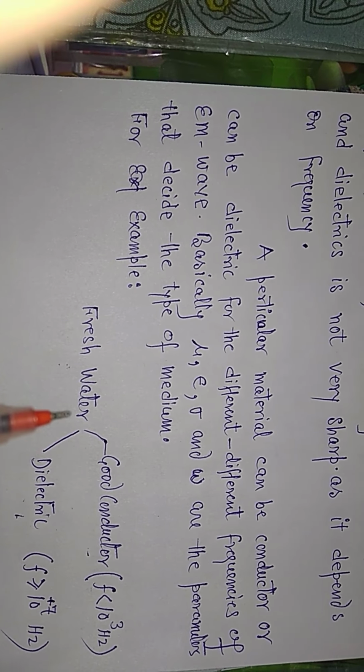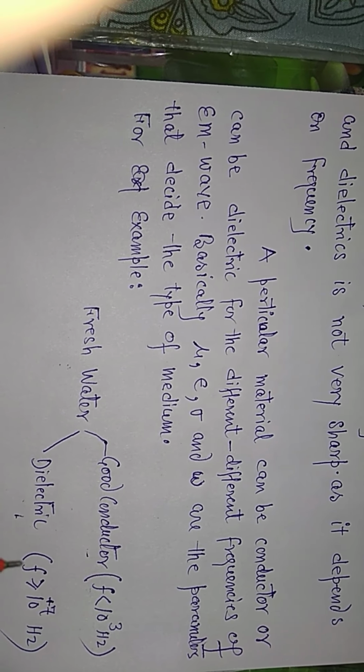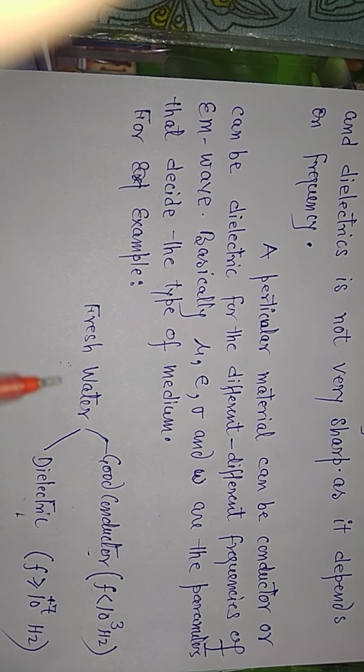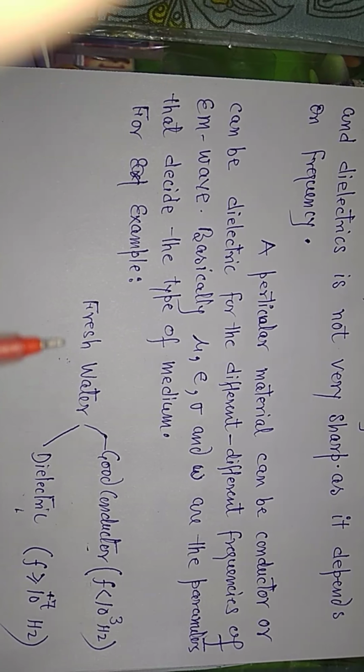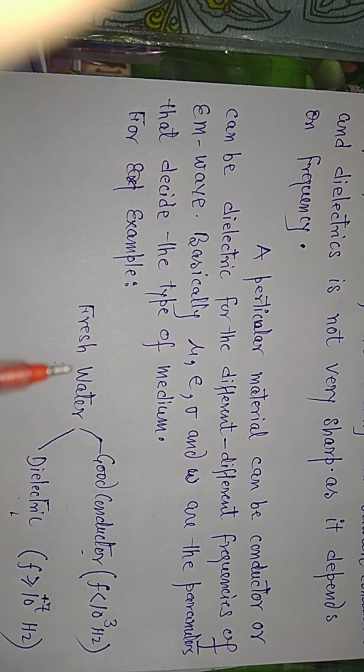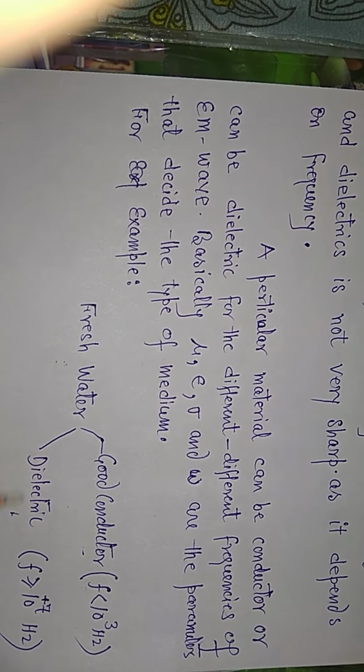Fresh water may be a dielectric if the frequency of the electromagnetic wave propagating through it is greater than 10 to the power 7 hertz. The medium is the same, but it may be a good conductor or a dielectric depending on the frequency. So the question is: how can we decide whether a particular medium is a conductor, dielectric, or quasi-conductor on the basis of frequency?